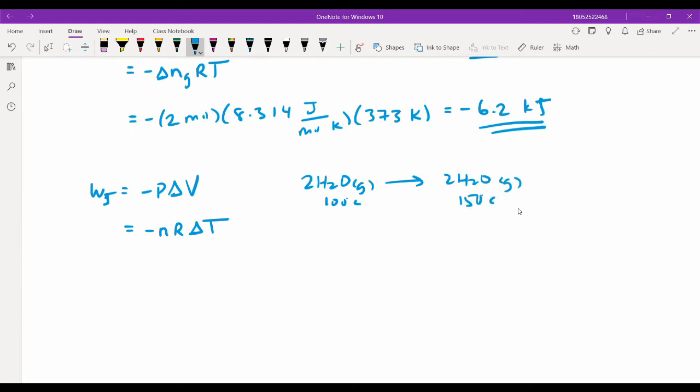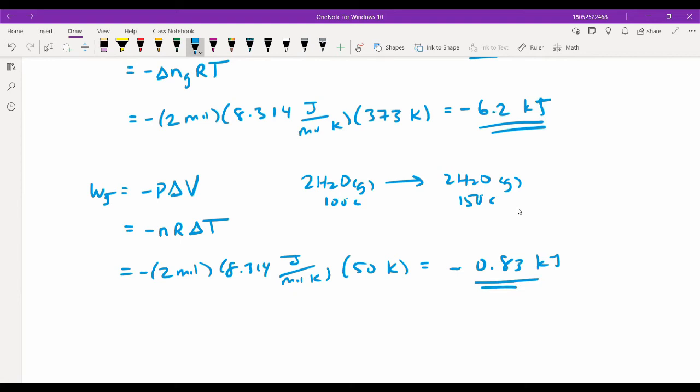So there's no phase change, just a temperature change. So we go 2 moles, R, joules per mole Kelvin, and then we go 50-degree change, right? And then that's going to give us this number, which would be about negative 0.83 kilojoules.